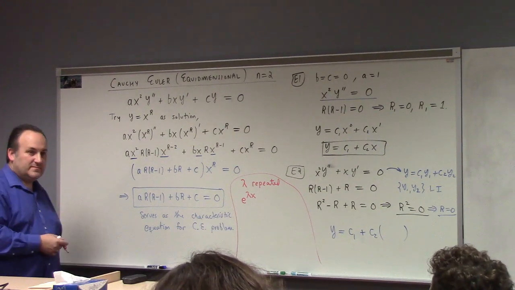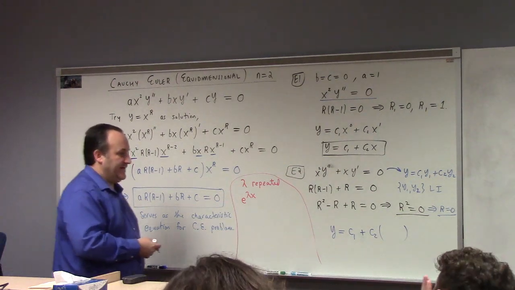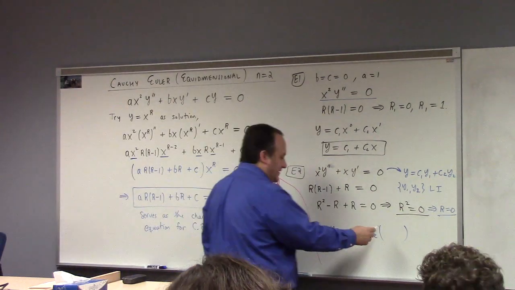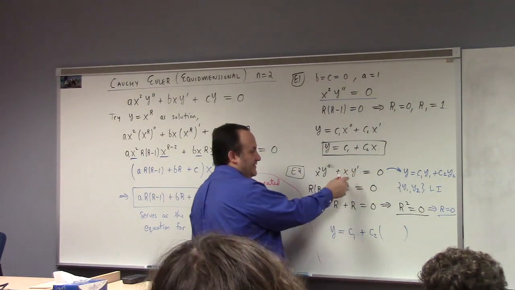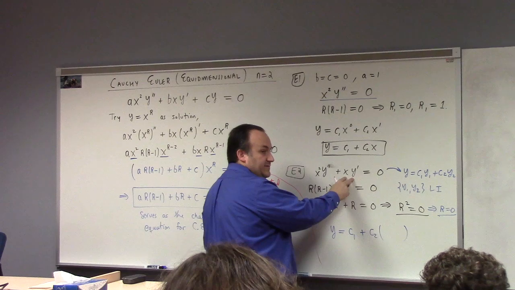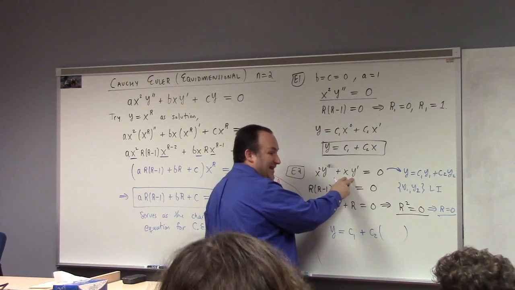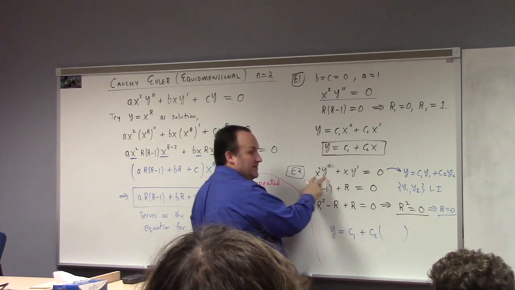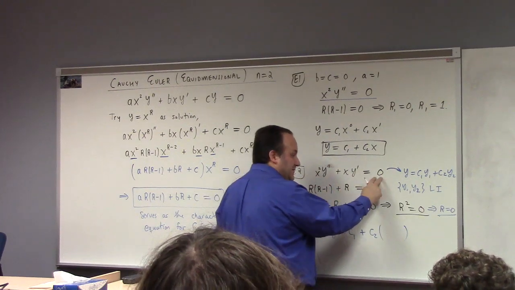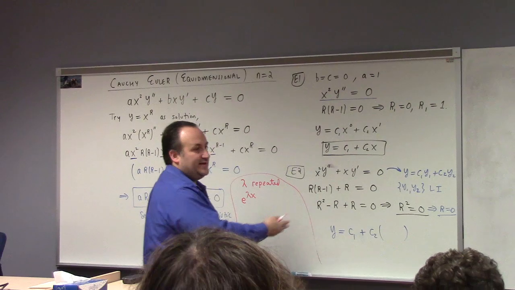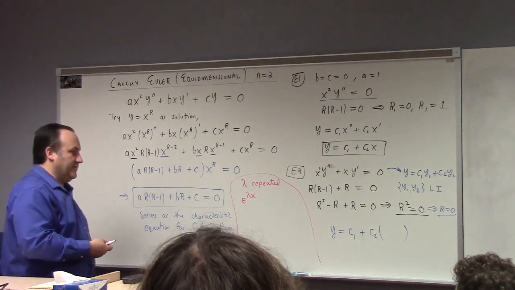That won't work here, all right? If I was to try that, you could try putting x here, x times 1. And if you try x, it won't work. The derivative of x is 1, so this term gives me x. If I try x prime prime, I get 0, so I would get 0 plus x equals, well, it doesn't equal 0. So x is not a solution here. Multiplication by x won't work.